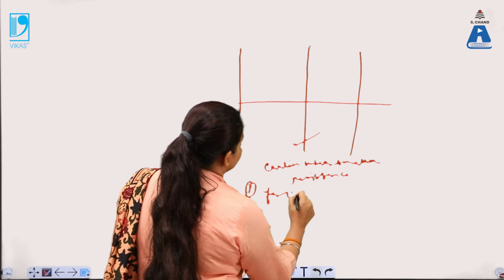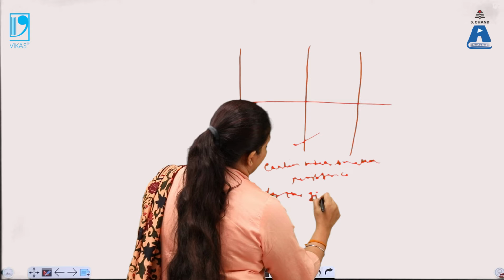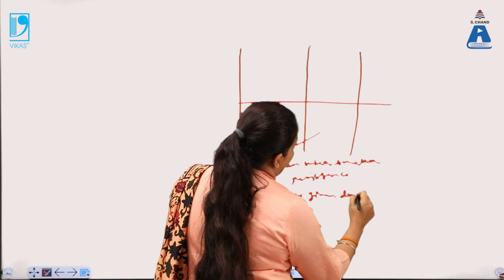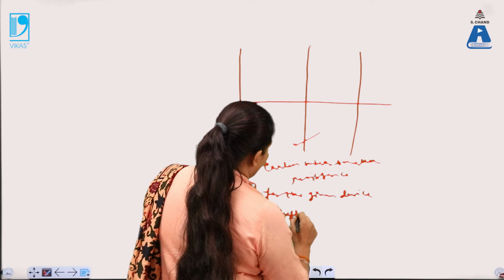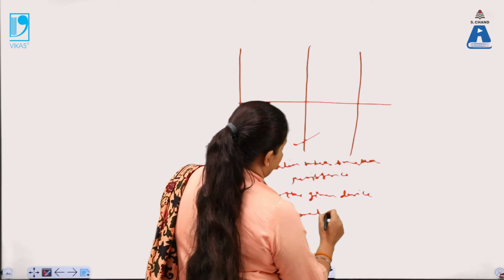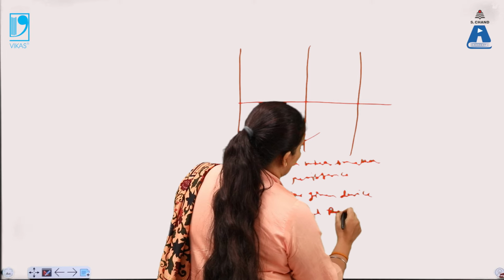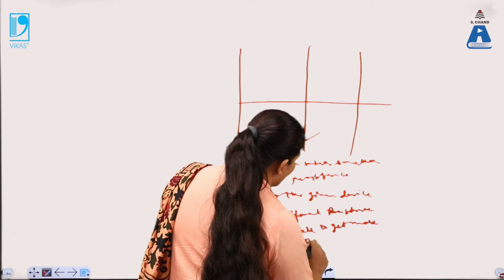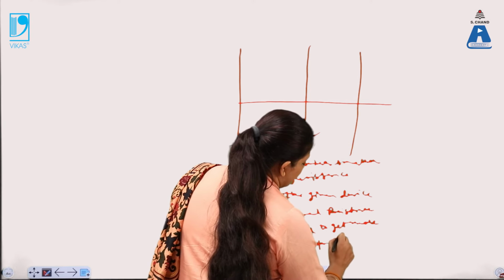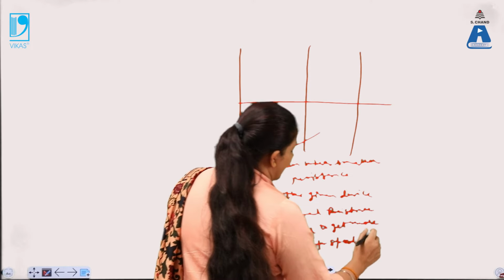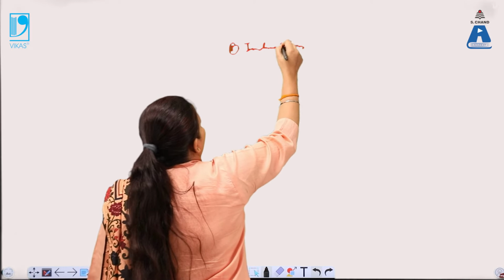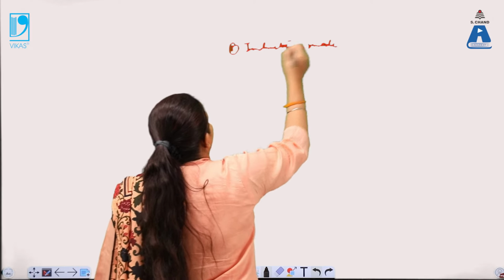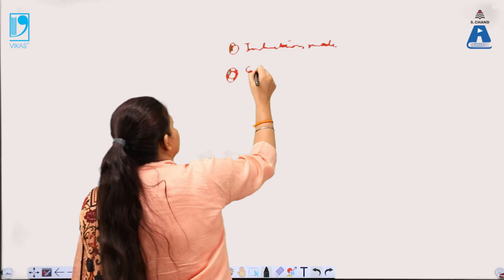For the given device, the preferred resistance is small to get more rotor speed, and in order to achieve the induction motor characteristics and generator characteristics.